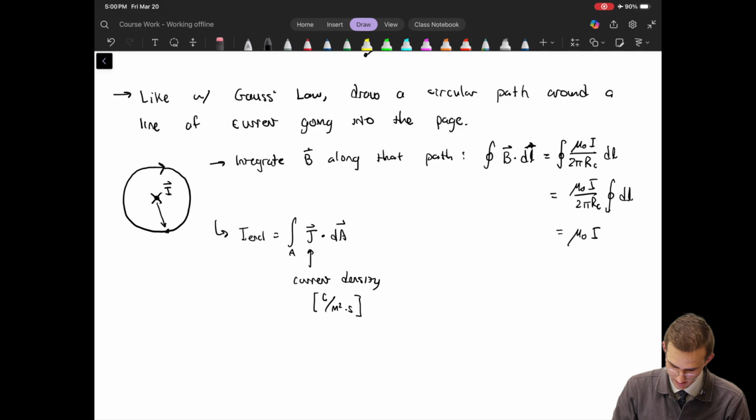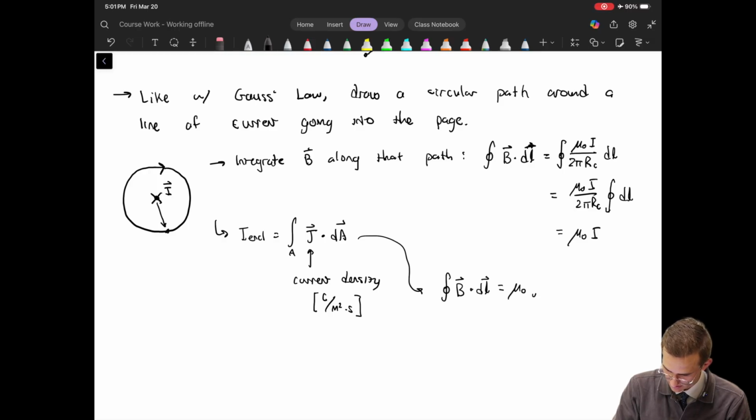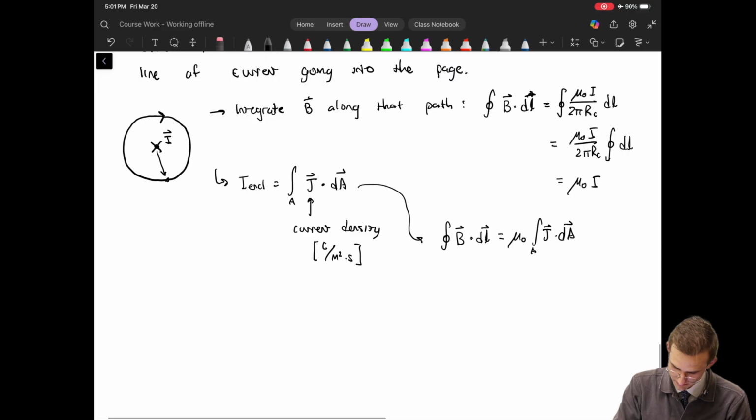And so now we have this setup where the closed loop integral of B dot dl is equal to mu naught times the integral of J dot dA, just from our definition of the current density. And now we can use Stokes' theorem.